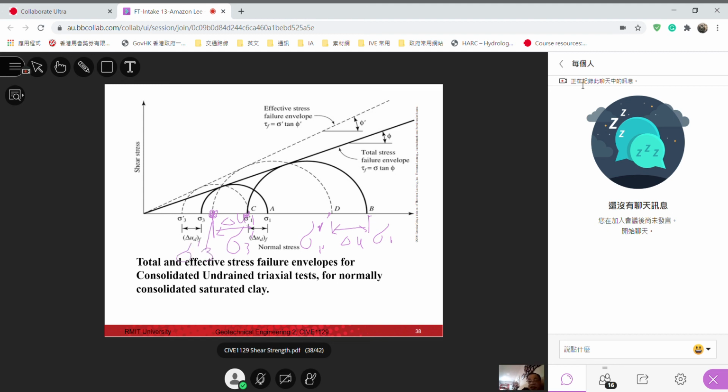So we plot sigma 3 effective to sigma 1 effective. This is the effective stress Mohr circle, while this is the total stress Mohr circle.